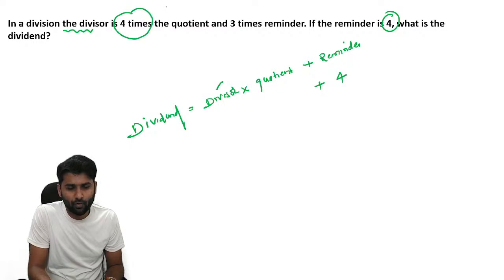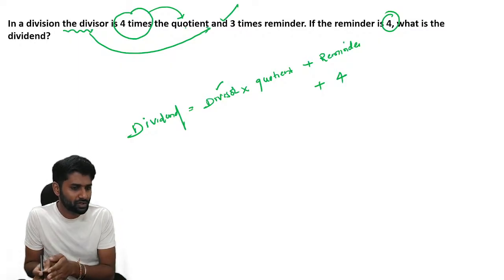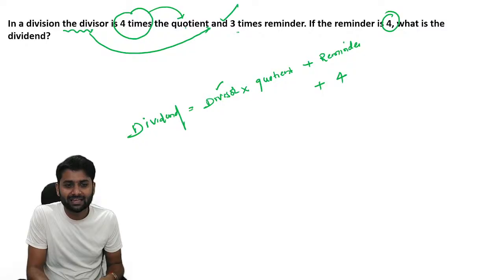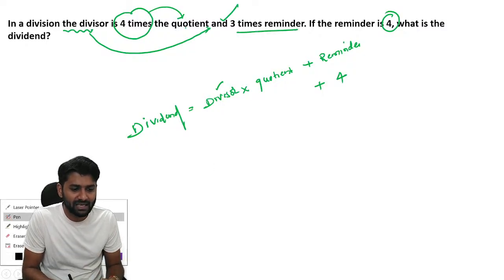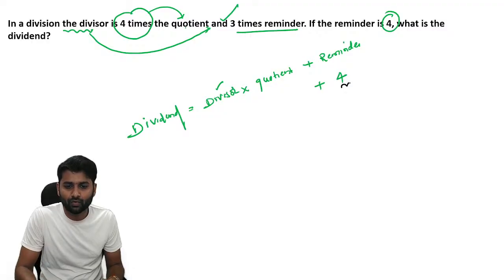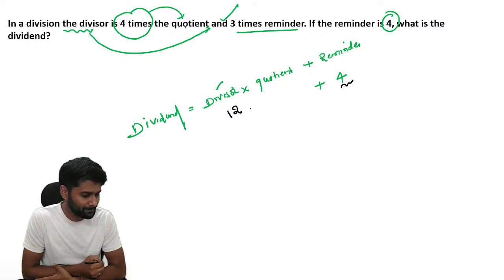Divisor is 4 times the quotient, and the divisor is 3 times the remainder. You know that the remainder is 4, so 3 times the remainder means the divisor is 12.